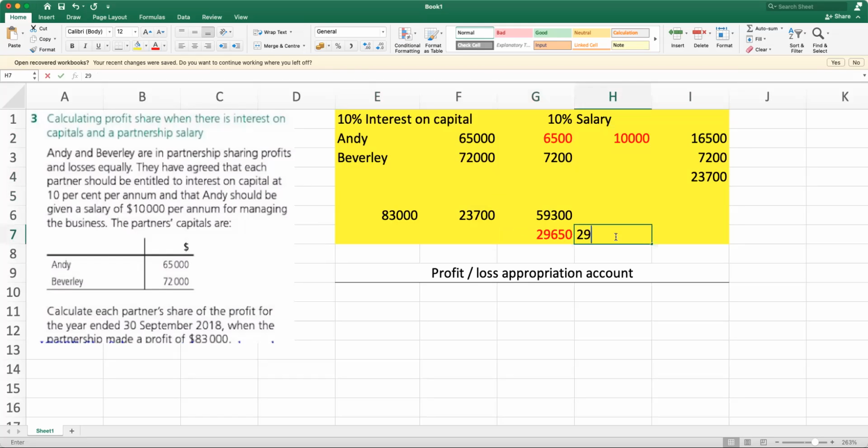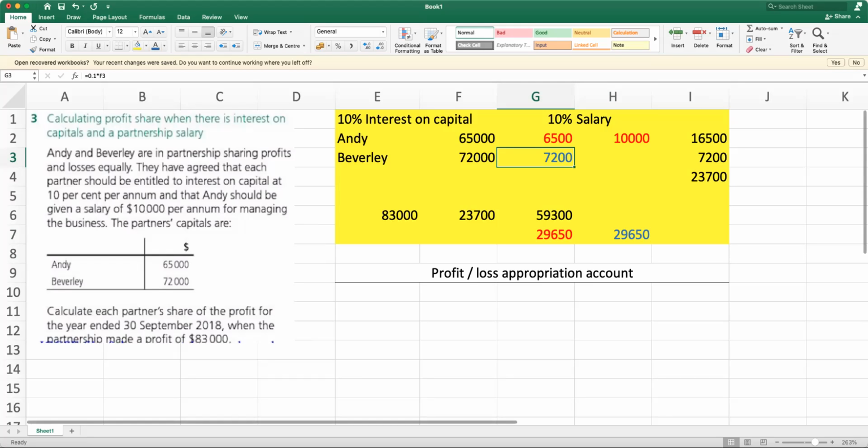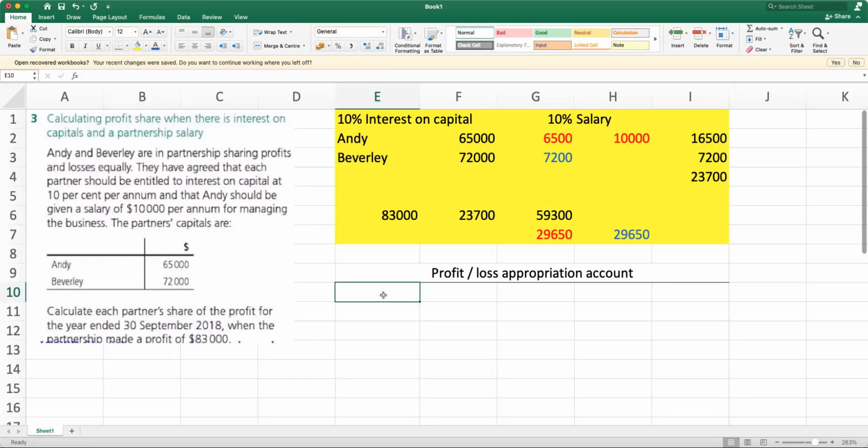Beverly will also take this amount, since they share the profit or losses equally, and then they also take this amount, 7,200 plus this one. But let's see how it works in terms of our profit and loss appropriation account.